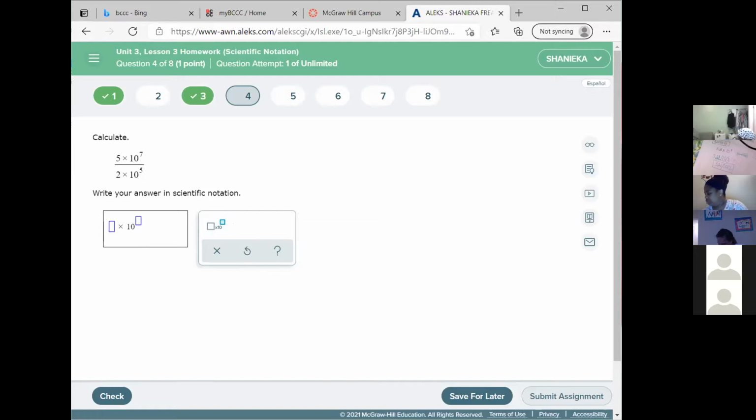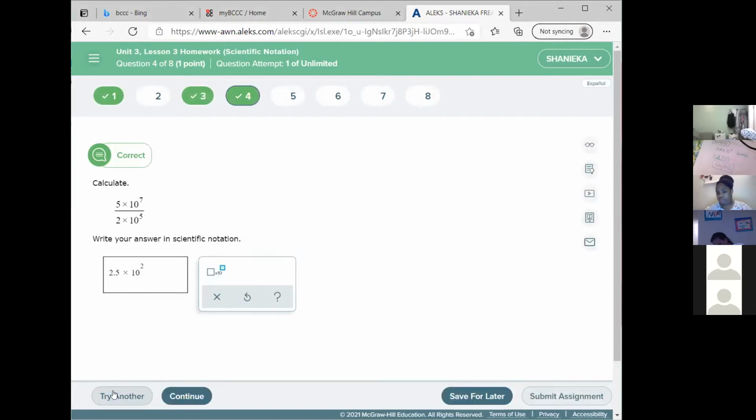Yes. Go ahead and type that in first. Now, in this case, we are dividing those exponents. So you're going to subtract. Very good. What goes in the box? 2. All right. So just remember that when you are dividing, you subtract the exponents. When you're multiplying, you add the exponents.